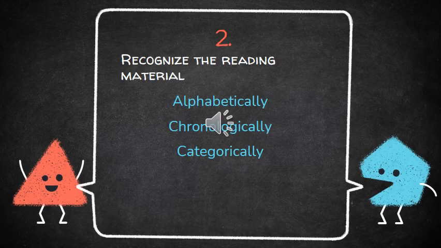Number 2, you have to recognize the reading material. What kind of reading material do you have to scan? How does the reading material work? You have to recognize it. Suppose your reading material is a computer, then you have to recognize how the computer's filing works. You have to know it.